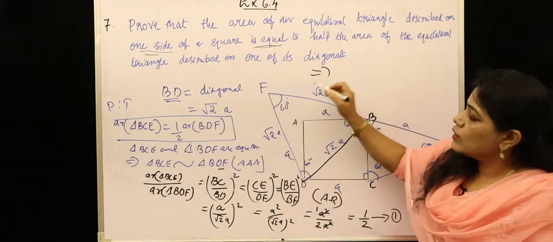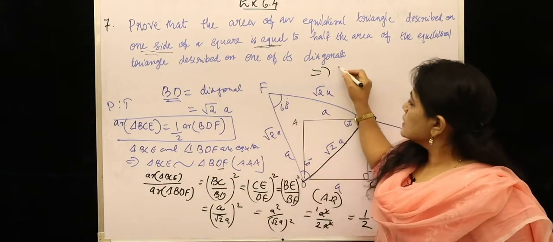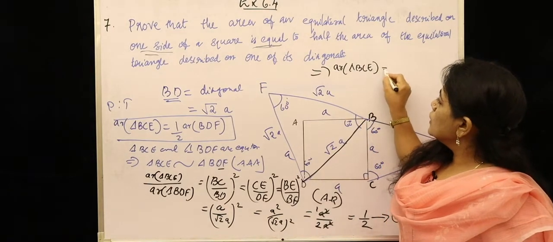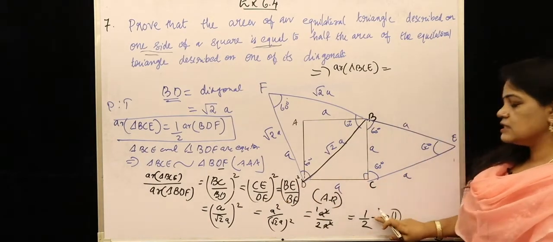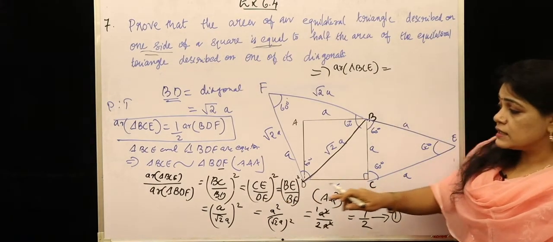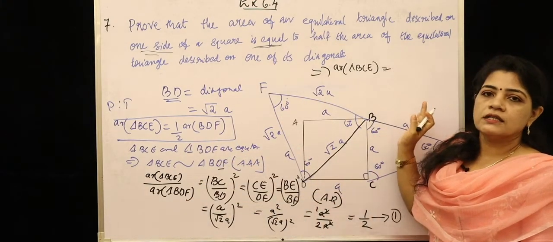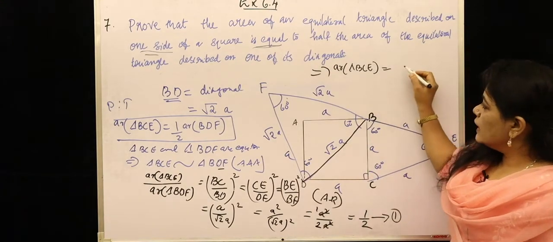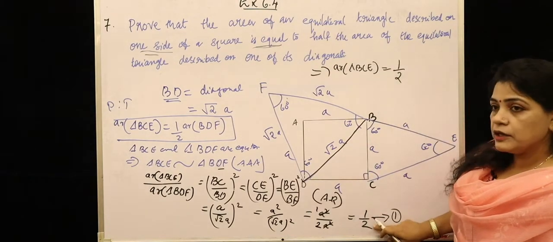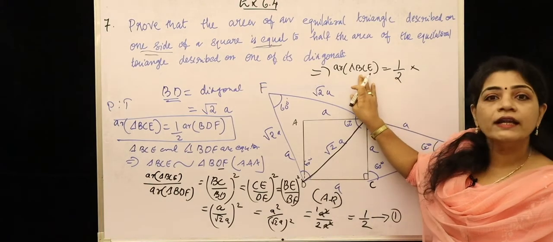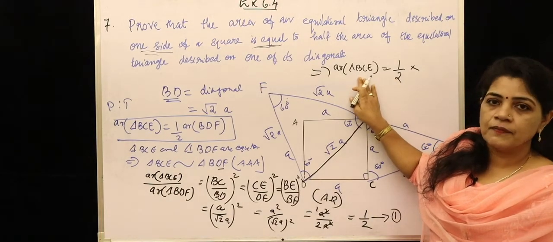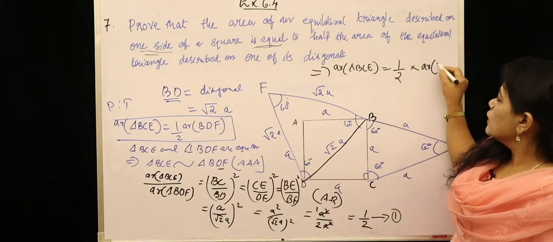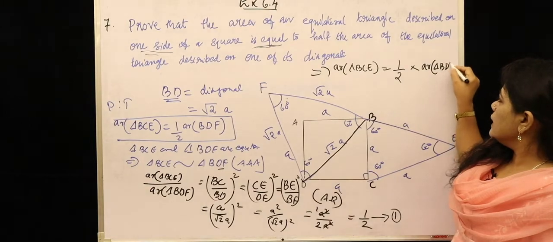I am keeping this numerator, area of triangle BCE, equal to 1 by 2 into area of the equilateral triangle BDF, when the denominator goes to the RHS under multiplication.